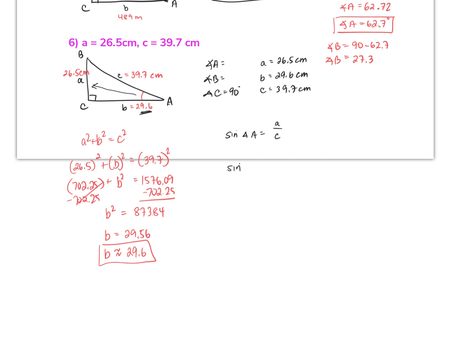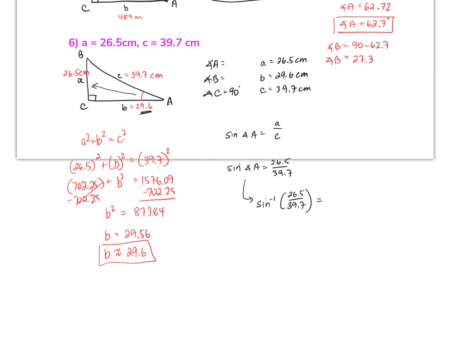So I know the sine of angle A is going to be 26.5 divided by 39.7. How I find the degree is if I take the inverse sine of this value, that's going to give me angle A. So you're going to come to your calculator, and depending on how you do it, 26.5 divided by 39.7.